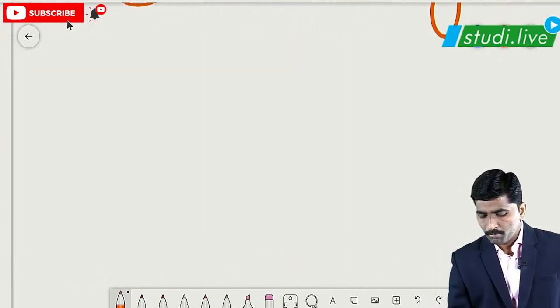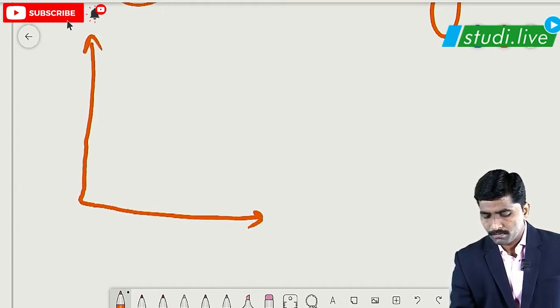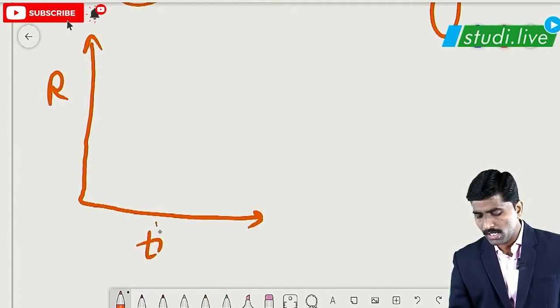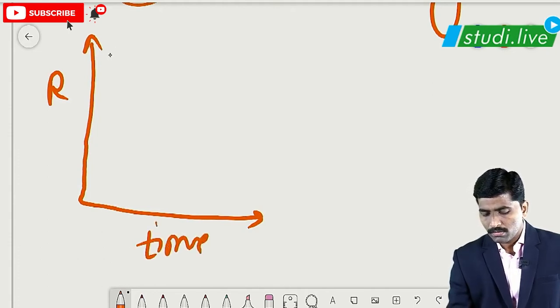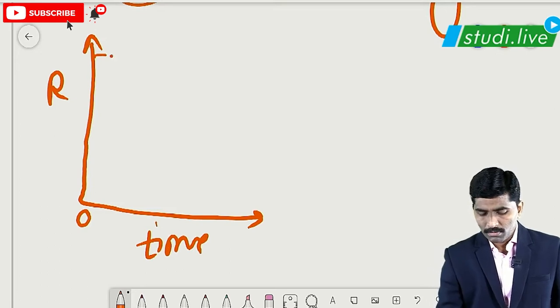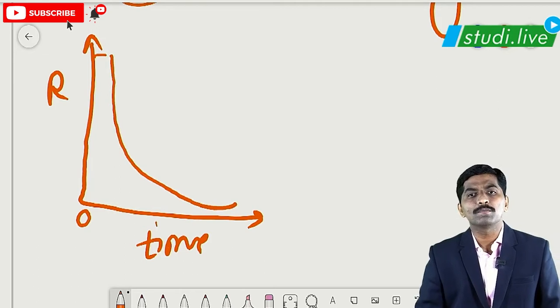For that, if I draw a plot of concentration of reactant versus time, reactant concentration at time t equal to 0 will be the maximum, correct? From maximum it will keep on gradually decreasing tending towards 0.